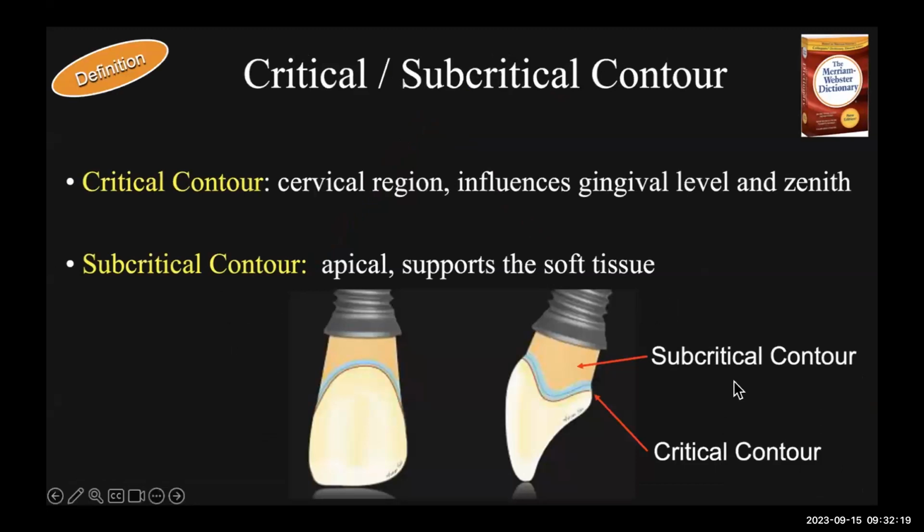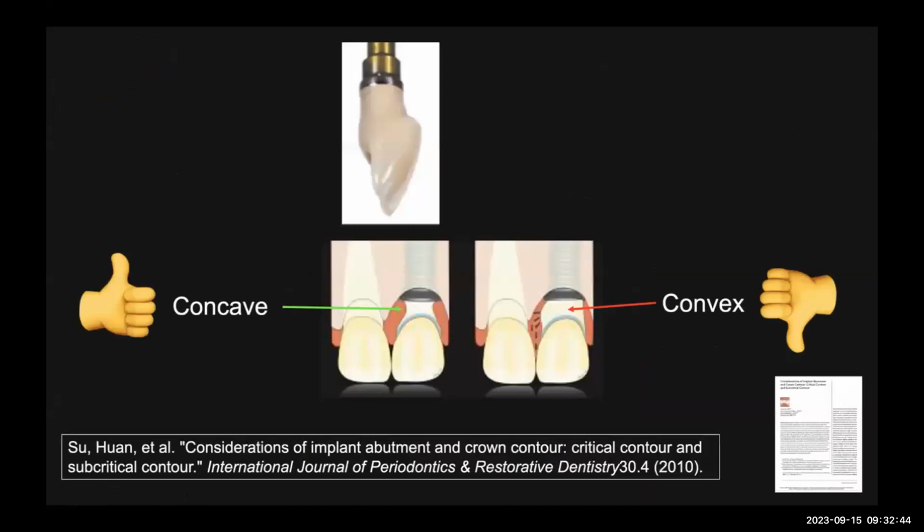And what actually is that? The subcritical contour is the apical area, and it's made to support the soft tissue, whereas the critical contour influences the gingival level and the gingival zenith. So these two actually come into play.